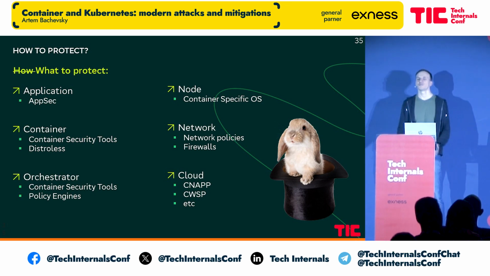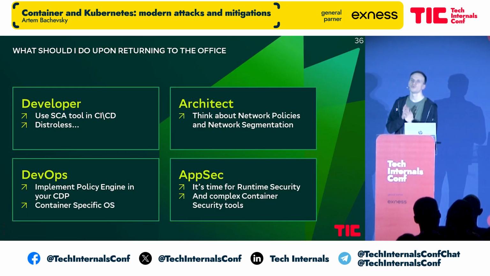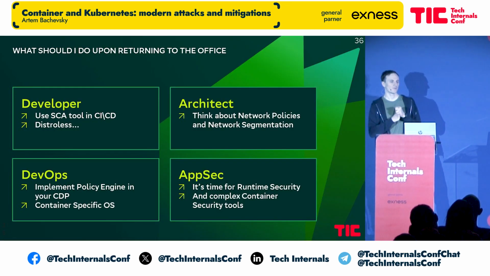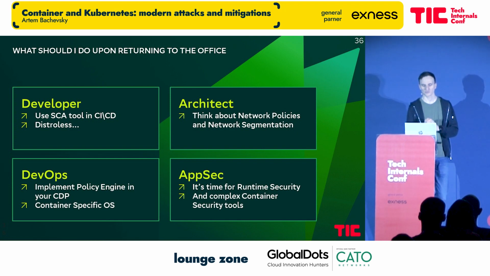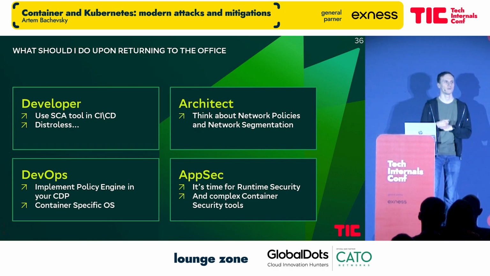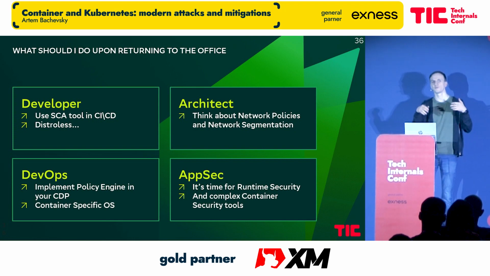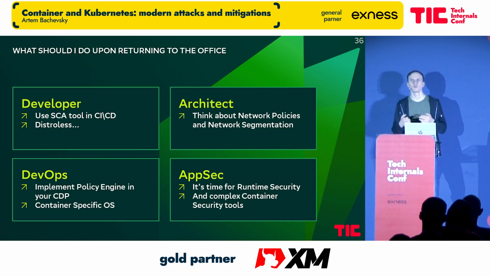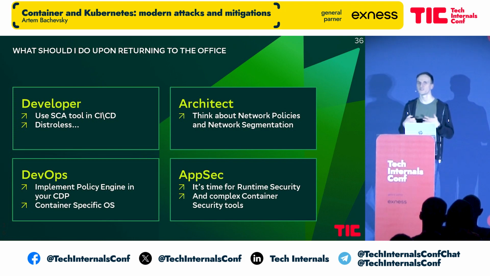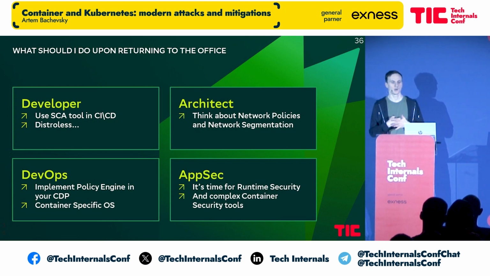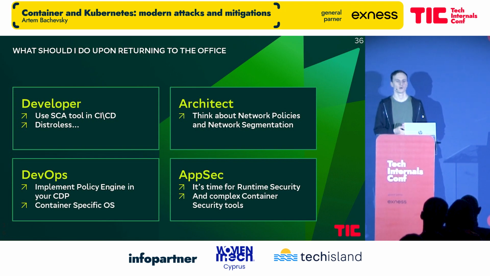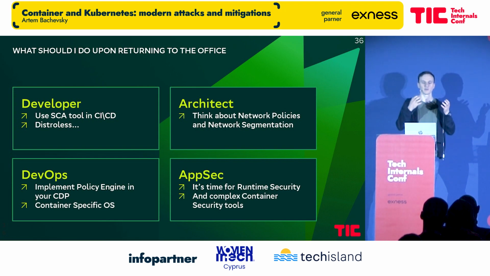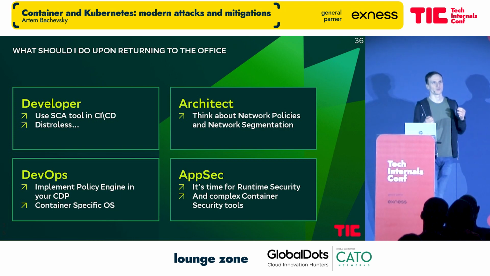OK, what about returning to the office and what to do on a Monday? If you are a developer, think about using some SCA tool, a software composition analysis tool, in your CI/CD or maybe in your development infrastructure, and try to build a distroless image of your service. If you are the architect, you should understand how you will implement network policies and how you will generate them.